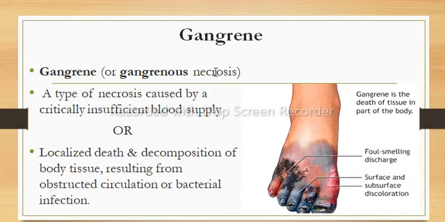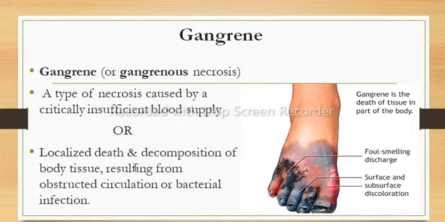Now gangrene or gangrenous necrosis is a type of necrosis caused by critically insufficient blood supply, or it can be caused by localized death and decomposition of body tissues resulting from obstructed circulation or bacterial infection.